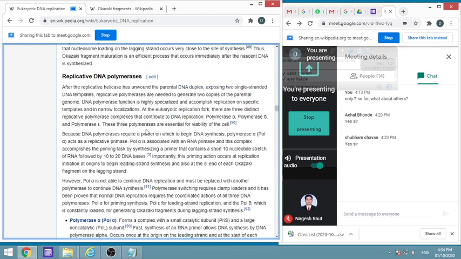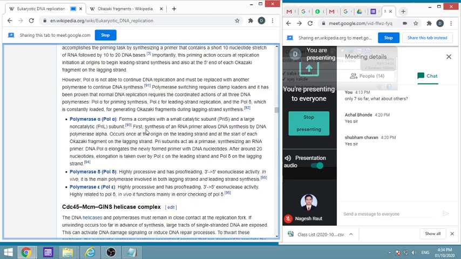So there are various polymerases which are playing a role. We have seen them: polymerase alpha, polymerase delta, polymerase epsilon, and they are playing roles at different places. Polymerase alpha forms a complex with a small catalytic subunit and a large non-catalytic subunit, and it synthesizes an RNA primer.